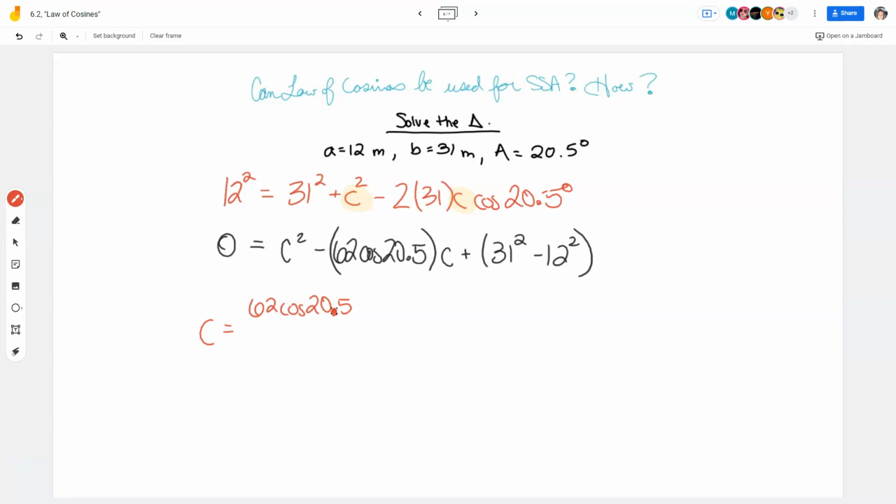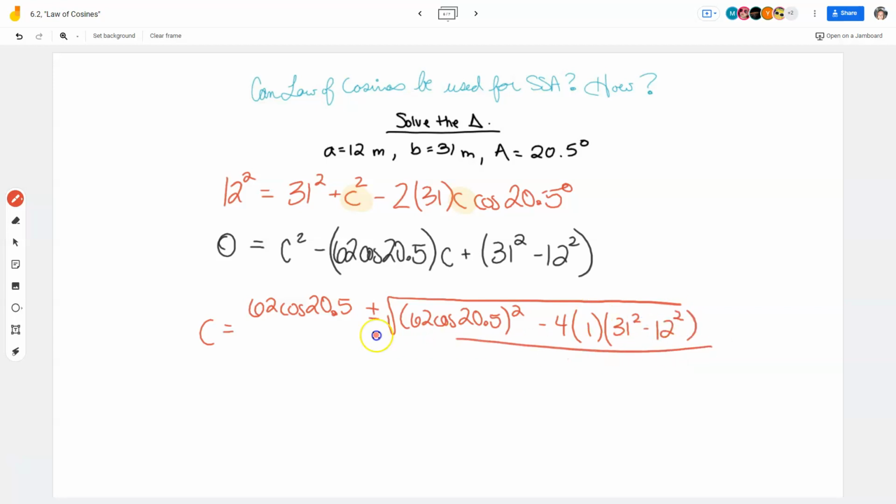C equals negative b, a negative, there he is, plus or minus the square root of b squared. Hold on, watch my notation. Minus 4ac, all over 2a. Watch what I wrote. Why did I put the parentheses where I put the parentheses?